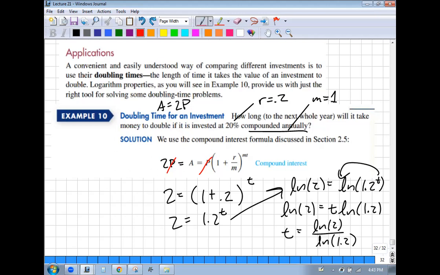If you wanted to triple your principal, it would be log of 3. Or quadruple, whatever it is. So it pops up right there, because you're replacing the amount with a multiple of your principal. We could do this generically.